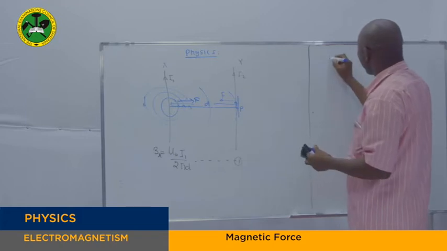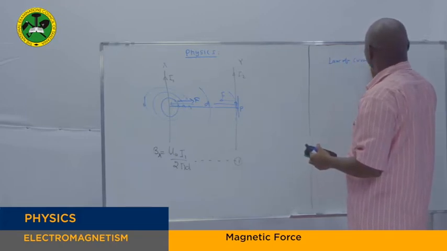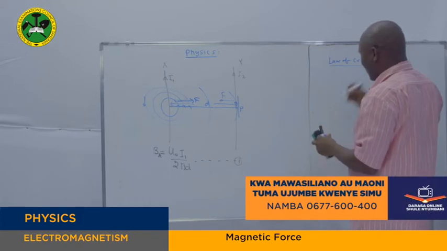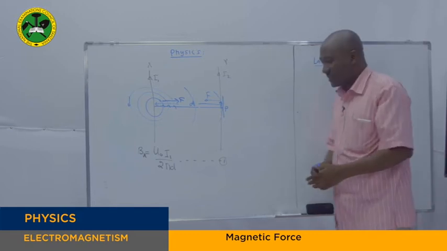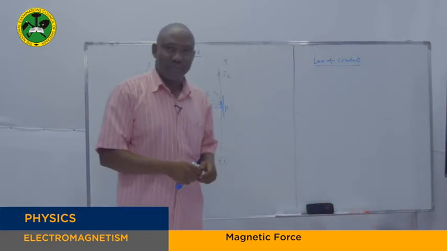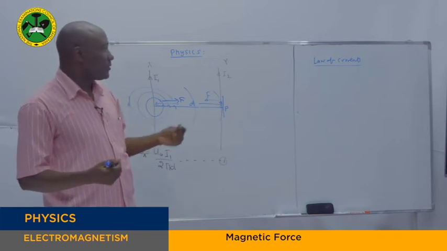So our conclusion here is the law of current. If you remember the law of magnetism, as we did in O level, it says that like poles repel each other and unlike poles attract. This is the law of magnetism. But now we talk of the law of current.